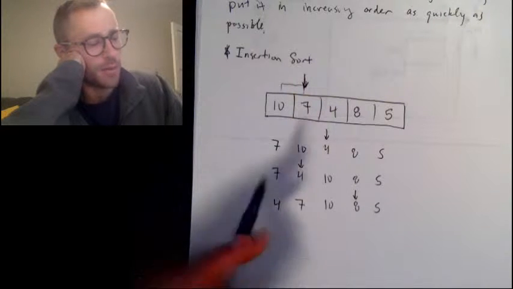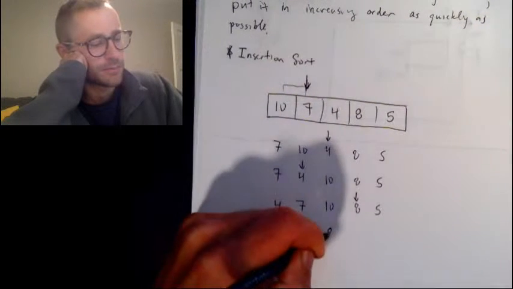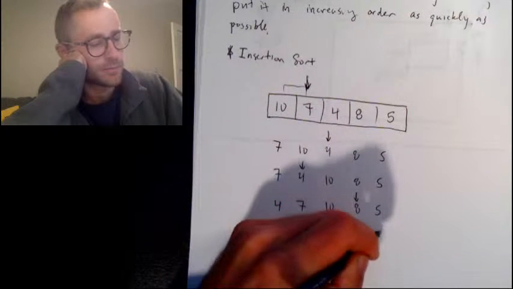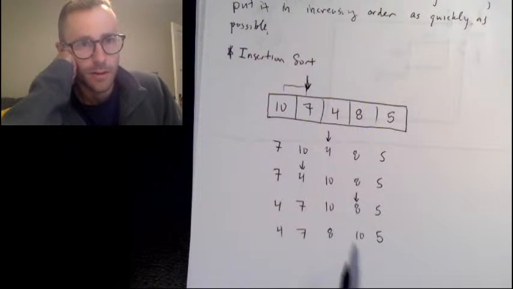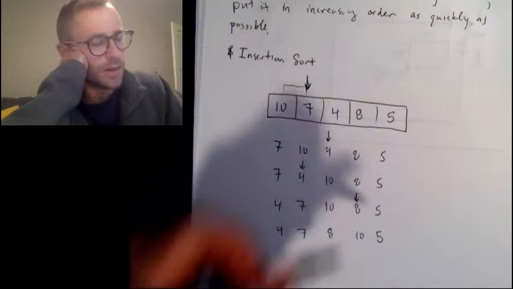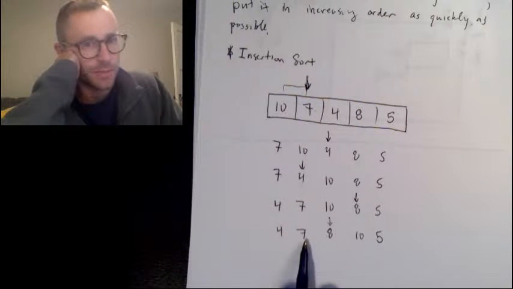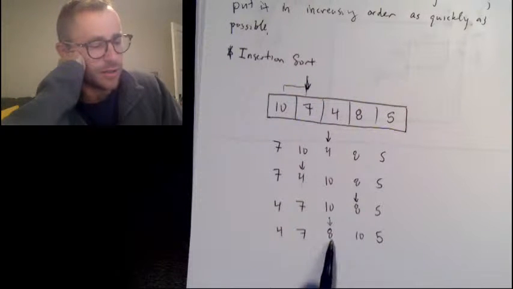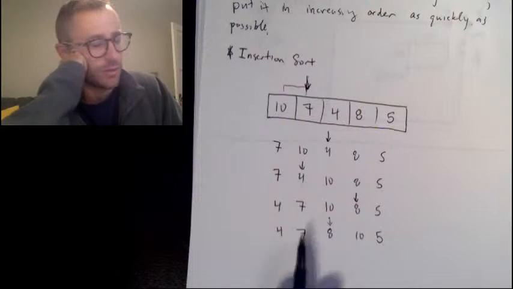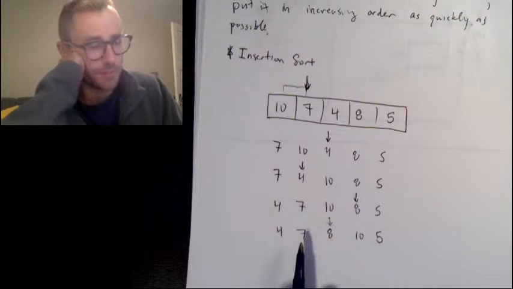So I'm going to swap them. And then I compare 8 to 7, and I can see that 8 is actually greater than 7. So this one doesn't need to be moved anymore. It's in the right spot.